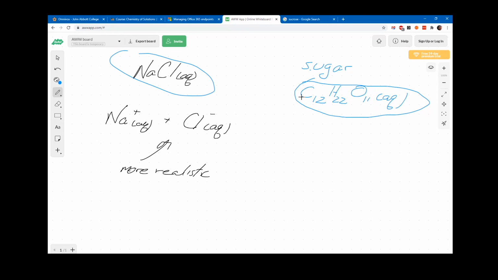In the case of an ionic compound like sodium chloride, the reality is this is a shorthand for this. So because of the type of compound we're dealing with, we get different meanings for things that look really similar to each other. So we have to watch out for that.